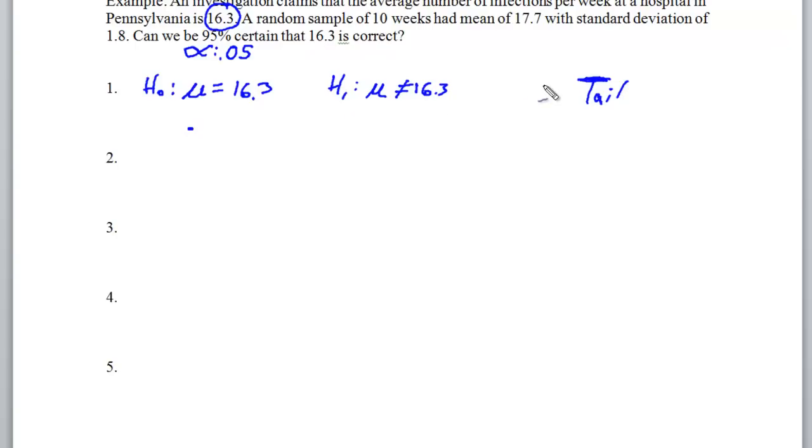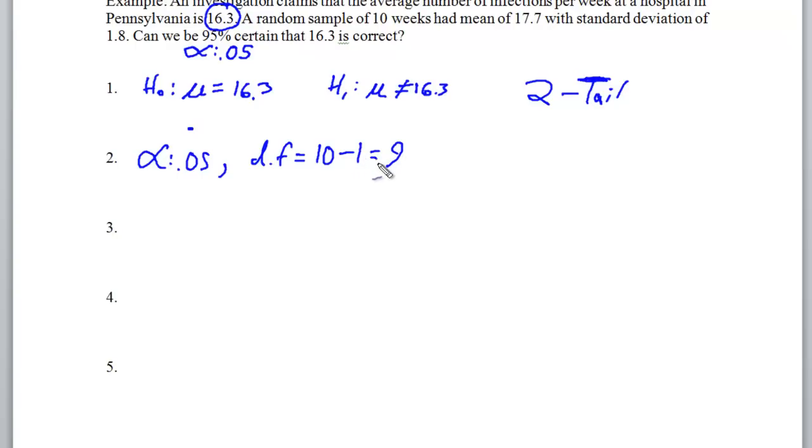This makes this a two-tailed test, because we're looking above and below this value, at the left and right tails. Now, our alpha is given in the problem as 0.05. We have the degrees of freedom being 1 fewer than our sample size, so 10 weeks minus 1 equals 9. So we have 9 degrees of freedom there.